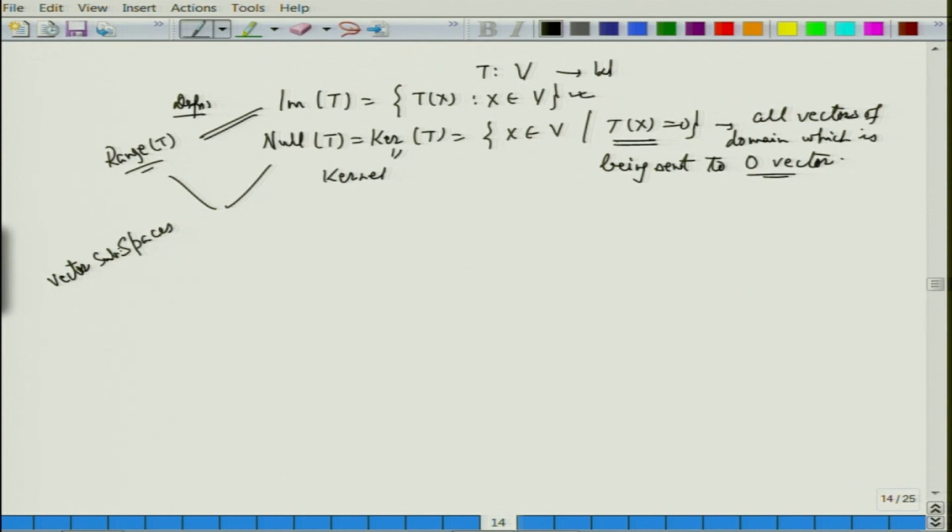Image of T is a subspace of W, null space of T is a subspace of V.